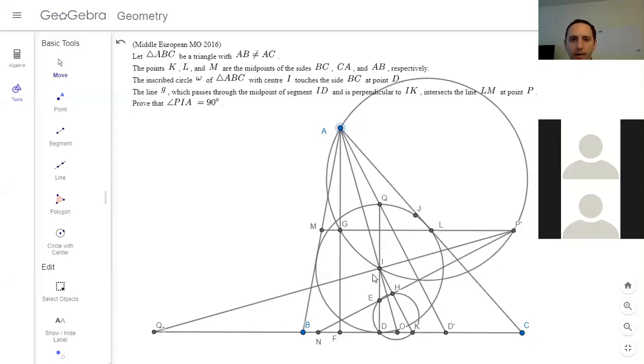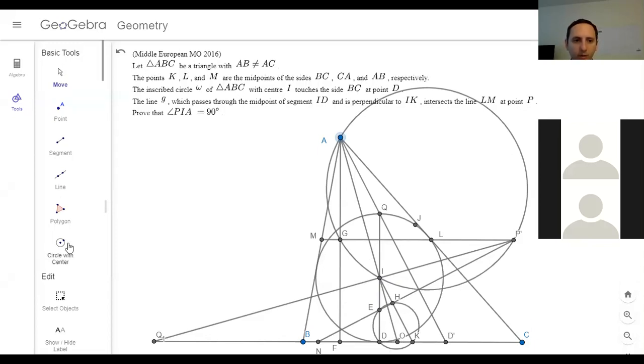Yeah, because AI is an angle bisector. I guess the question is, does AI pass through the center of that circle? It might.